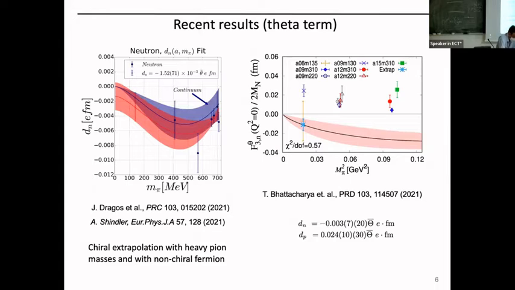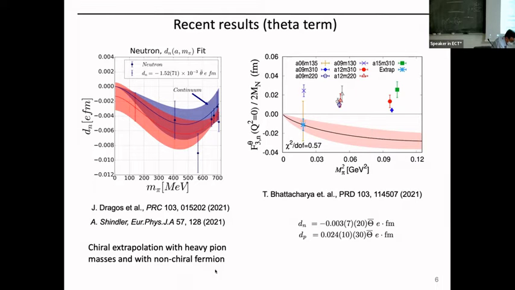Now, let me just refresh your memory on where things stand. Things may have been updated; this could be outdated in some way. Of course, the best work here is still Andrea's work, where you have a 2 sigma result for the neutron electric dipole moment. The other ones, for example, basically do not see a signal.